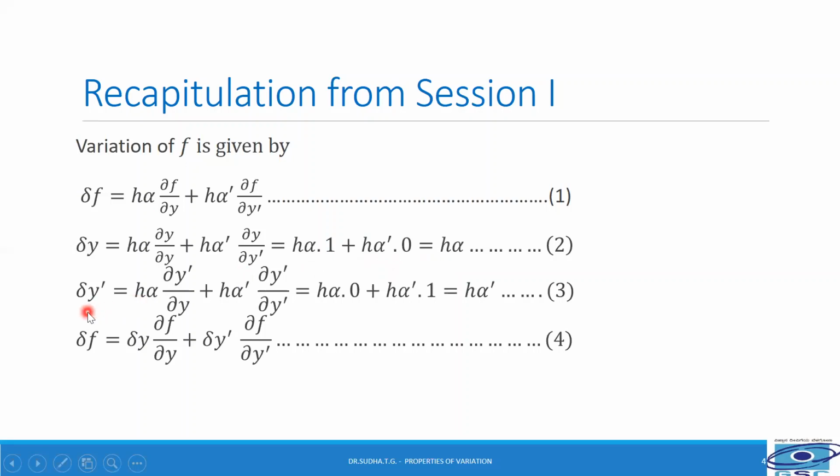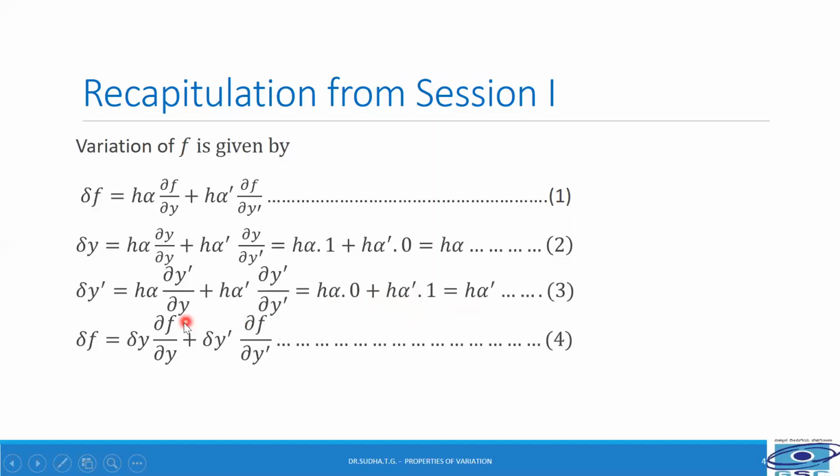Similarly, we calculated delta y dash, and that was h into alpha dou y dash by dou y plus h into alpha dash into dou y dash by dou y dash. Here dou y dash by dou y dash gives us 1, whereas dou y dash by dou y is 0. So we get h into alpha into 0 plus h into alpha dash into 1. So we get h into alpha dash.